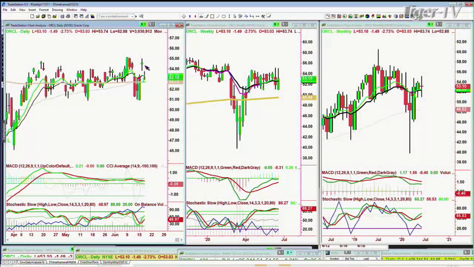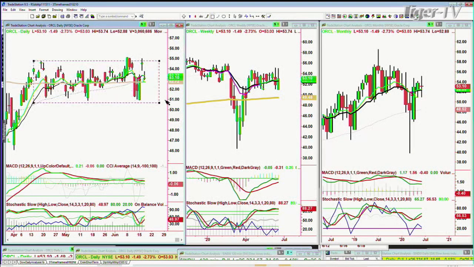So Oracle, I haven't redone this. This is peak A, peak B, peak C, peak D, peak E. Then it takes a breather and it goes to peak A, B, C. And that still holds. Yeah, so Oracle trading down $1.49 at 53.10 is saying to me that it's in this rectangle sideways move. Let me just draw this right here, just make it as easy as possible.